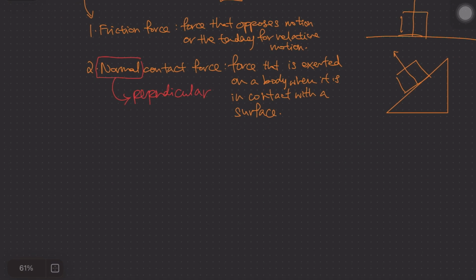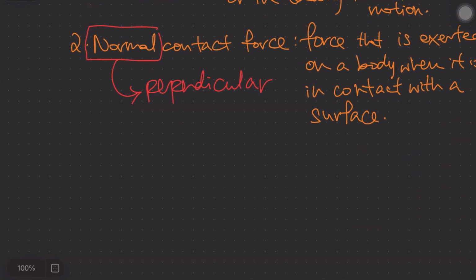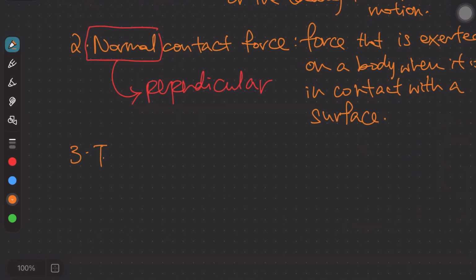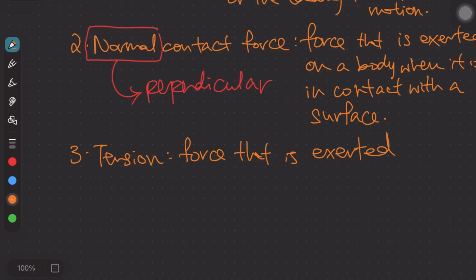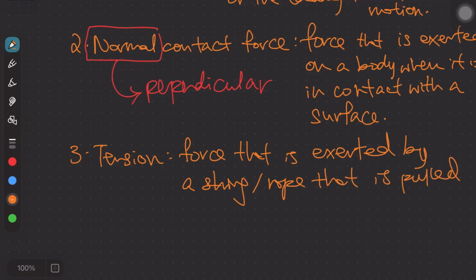All right, let's carry on. Let's look at another type of force. We've got tension force. What is tension force? Tension force is the force that is exerted by a string or a rope that is pulled taut.